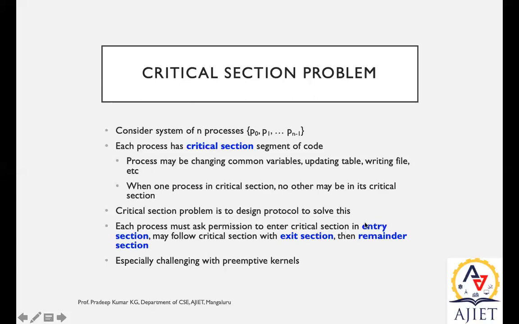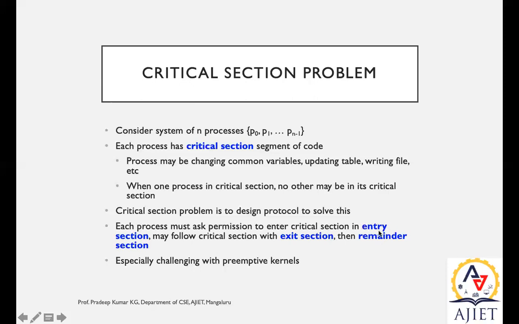For example, we may divide the entire process code into an entry section, critical section, exit section, and remainder section. Whenever a particular process wants to access a critical section, it must ask permission to enter in the entry section.